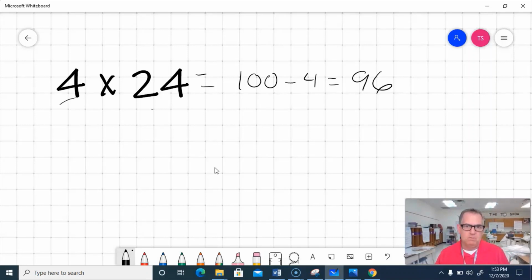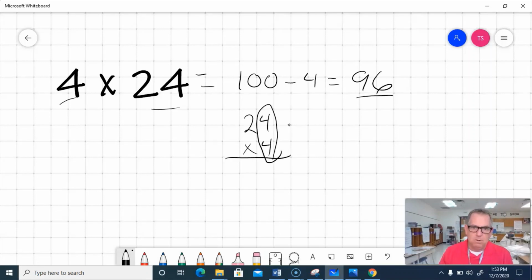So 4 times 24 equals 96. And we can work that out using our standard algorithm. So that'd be 24 times 4. 4 times 4 is 16. Then 4 times 2 is 8, plus 1 is 9. So 24 times 4 is 96.